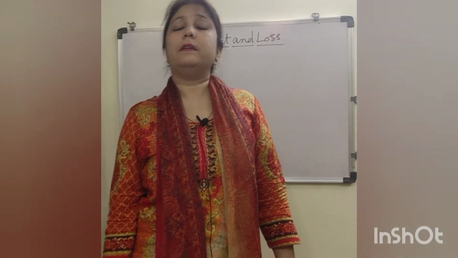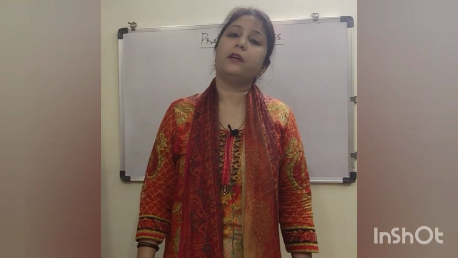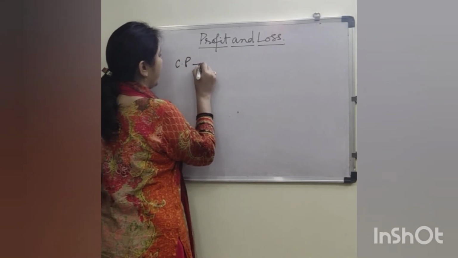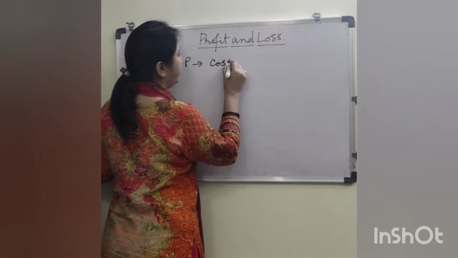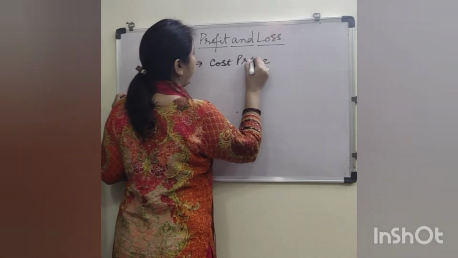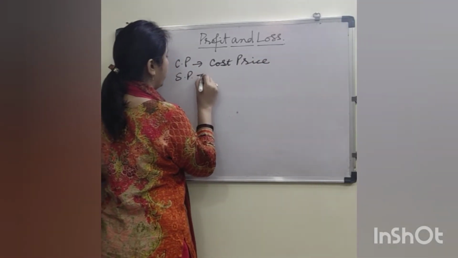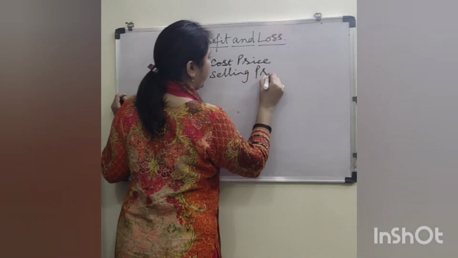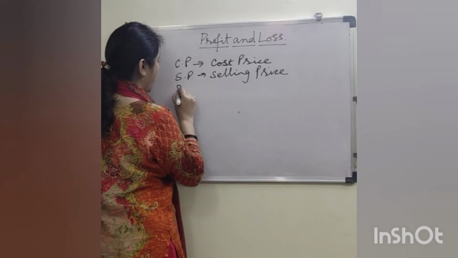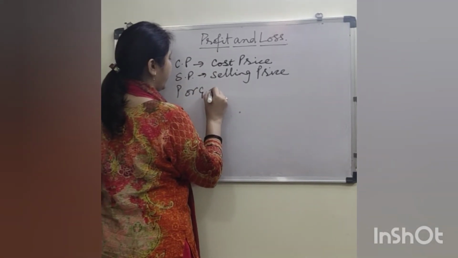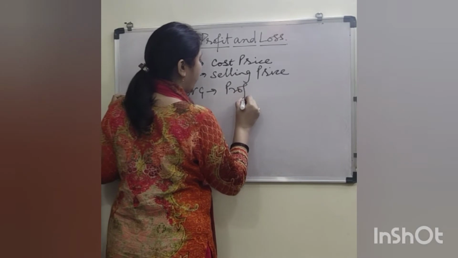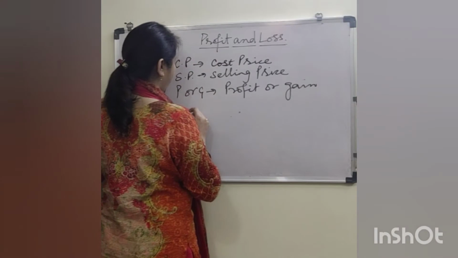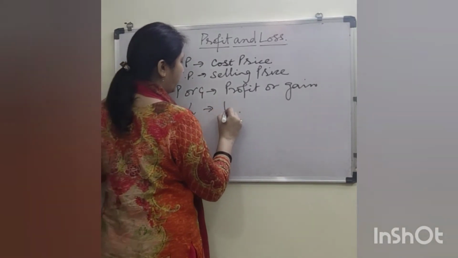First of all, let's do the terminology of profit and loss, where we have CP as cost price, SP stands for selling price, P or G stands for profit or gain, which means the same, and then comes the loss.